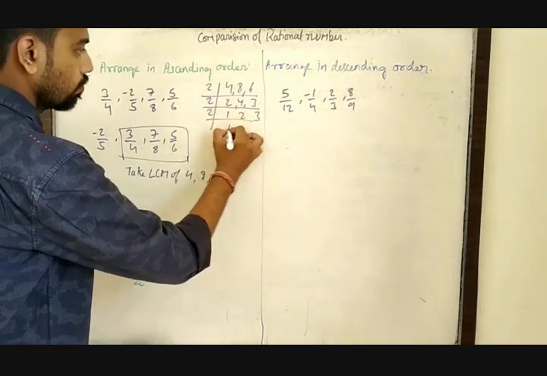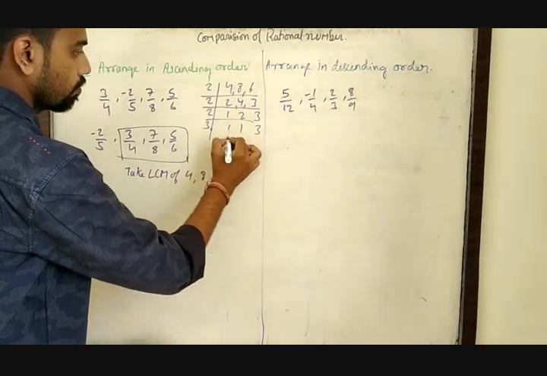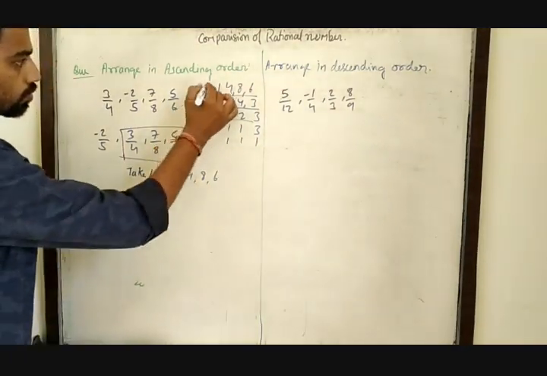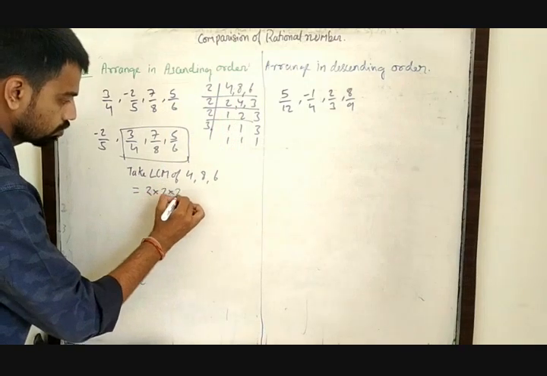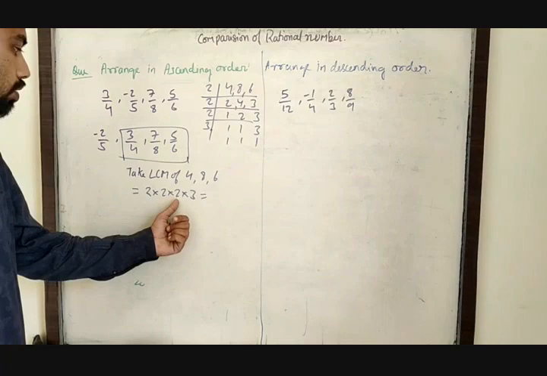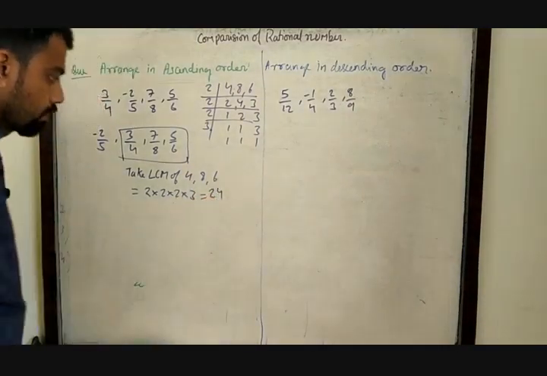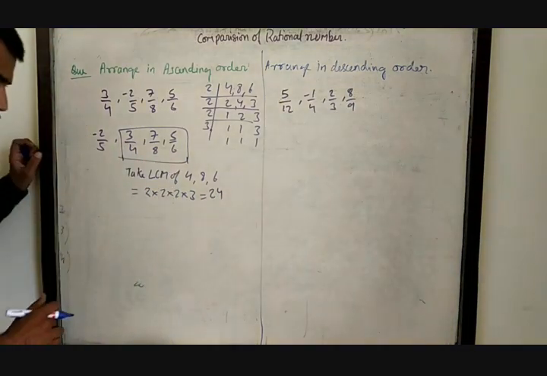Again 2: 1, 1 and 3. Again 3: 1, 1, 1. So it is 2 into 2 into 2 into 3. 2 twos are 4, 4 twos are 8, 8 threes are 24. So the LCM of 4, 8 and 6 is 24.